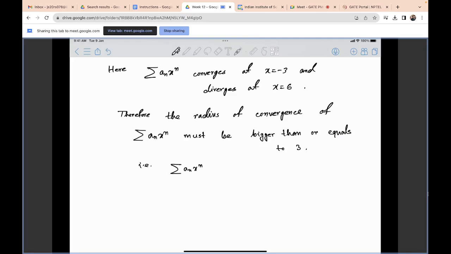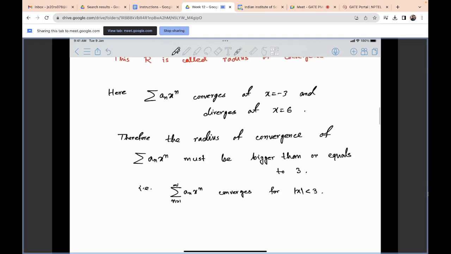Summation n x to the power n converges for, so this we can say that this will converge certainly for mod x less than 3, because at the point minus 3 it is converging. So inside mod x less than 3 it will converge, right?